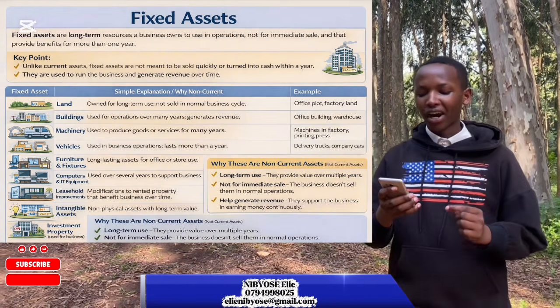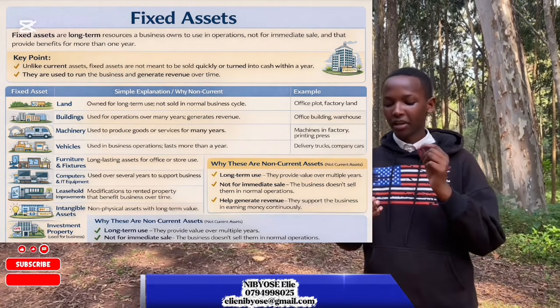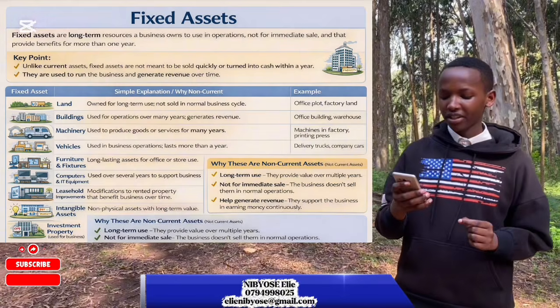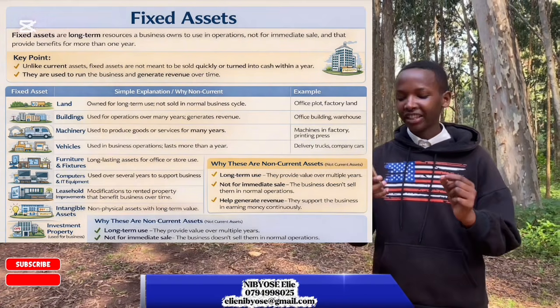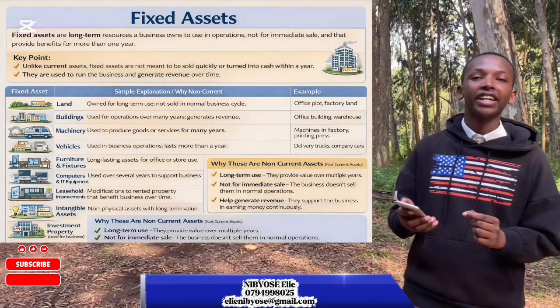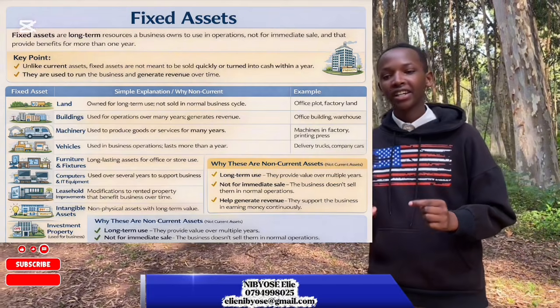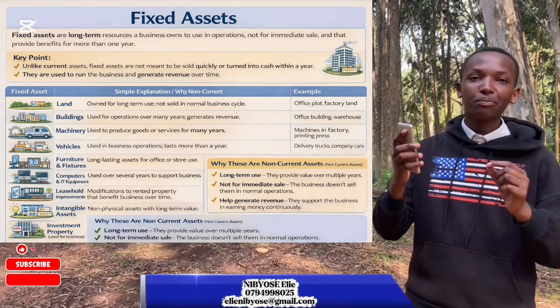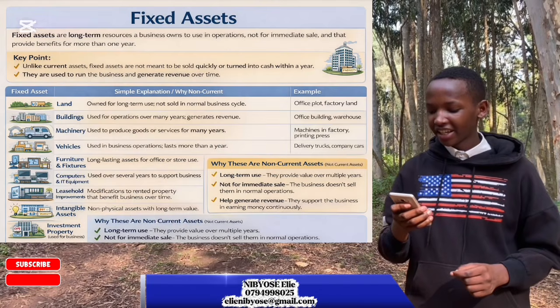Other examples of non-current assets are buildings, machinery and equipment, vehicles, furniture and fixtures, computer and IT equipment, leasehold improvements, and intangible assets. In intangible assets, we find patents, trademarks, copyrights, and software.